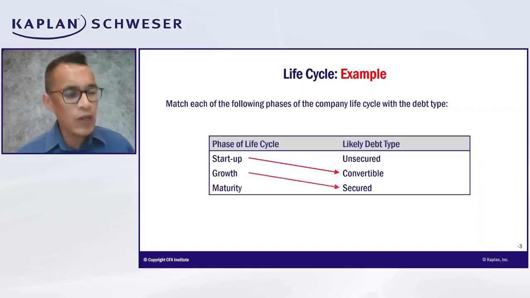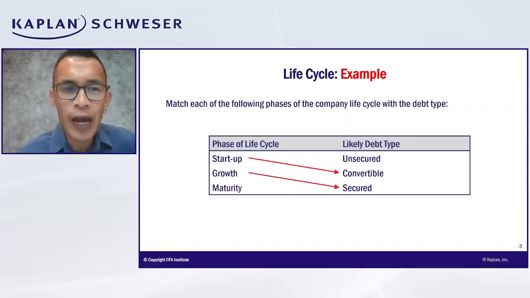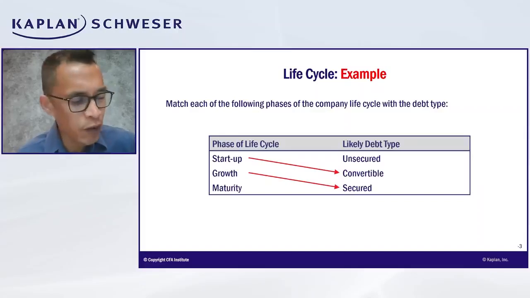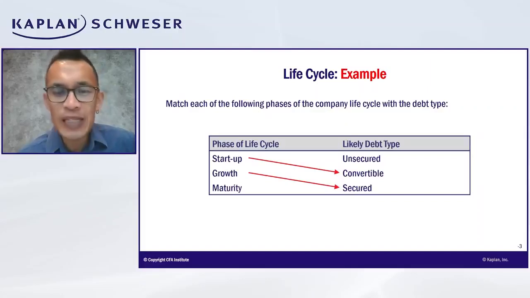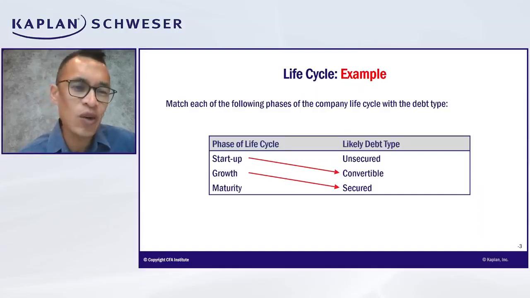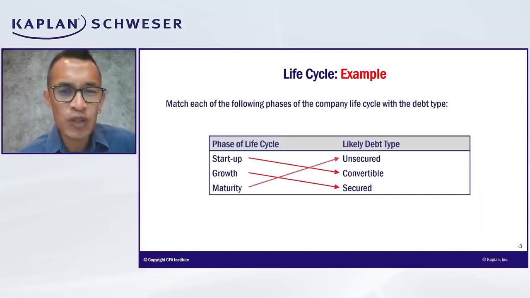And that leaves us maturity in the life cycle. Free cash flow here is positive and predictable. The firm is able to use a significant amount of debt, including unsecured debt. So lenders are certainly more willing to lend to a more mature and established firm.